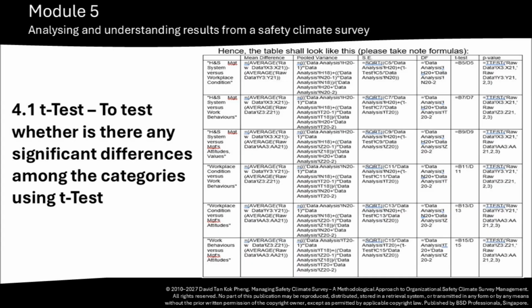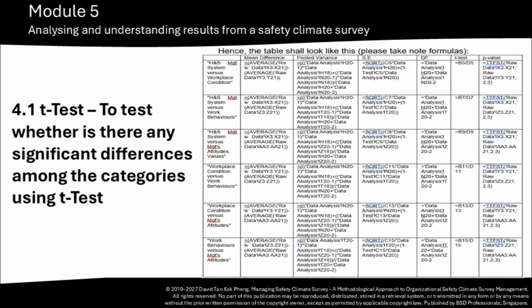Next, workplace condition is compared against the remaining two elements: workers' safety behaviors, and management's attitudes, values and beliefs. Finally, a direct comparison is made between workers' safety behaviors and management's attitudes, values and beliefs. This structured approach ensures that all possible combinations of pairwise comparisons are fully examined.